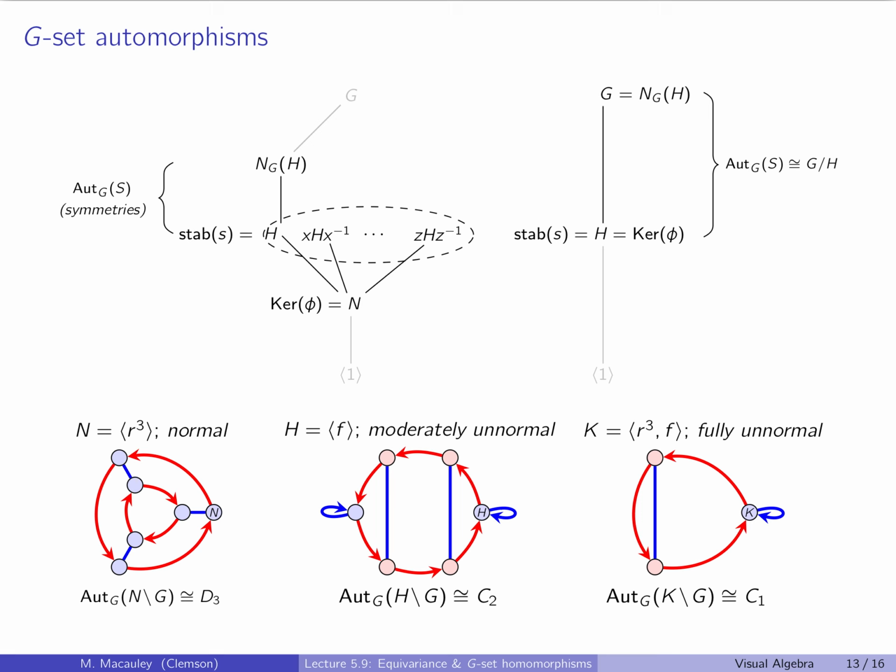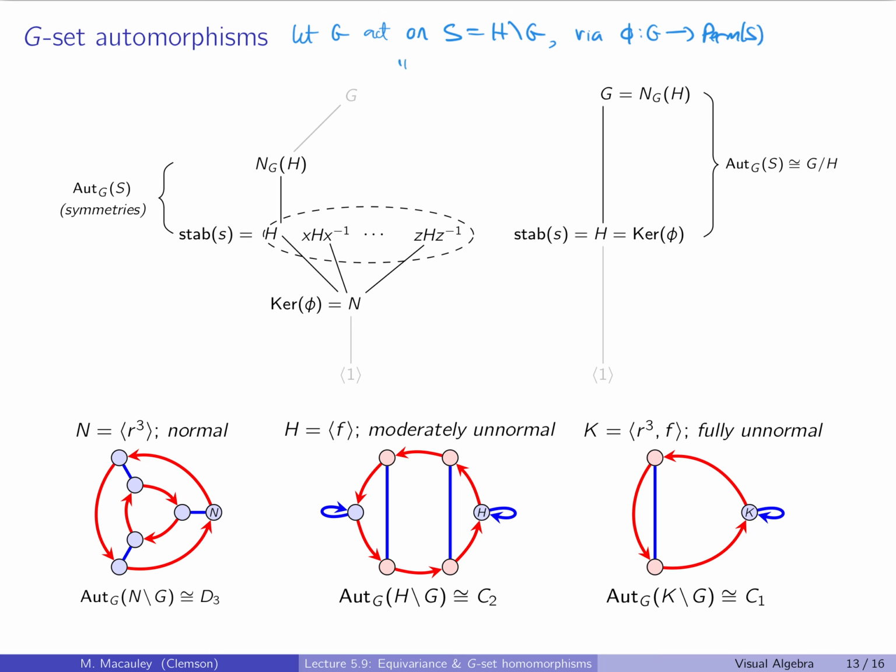I want to take a few moments to cast what we've seen in the setting of subgroup lattices. So we've let G act on the set S of right cosets of G via some action, via some homomorphism.